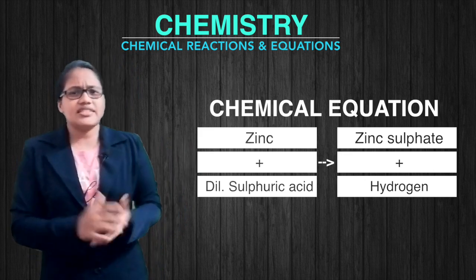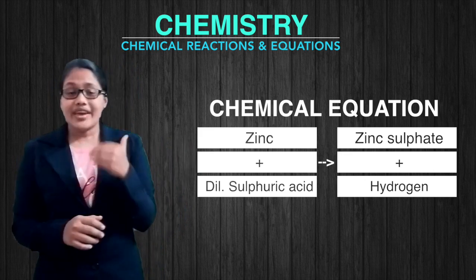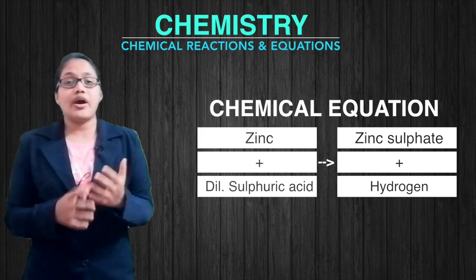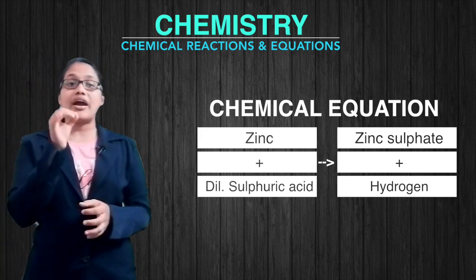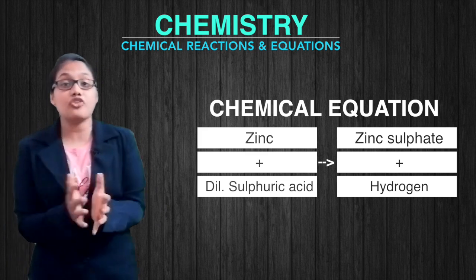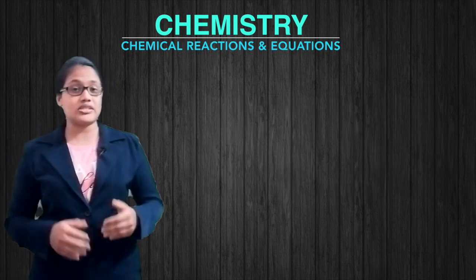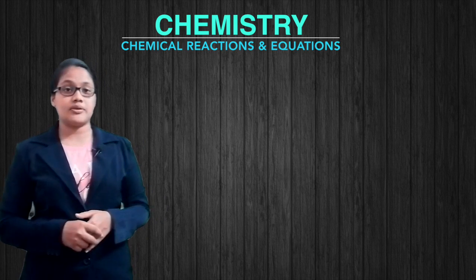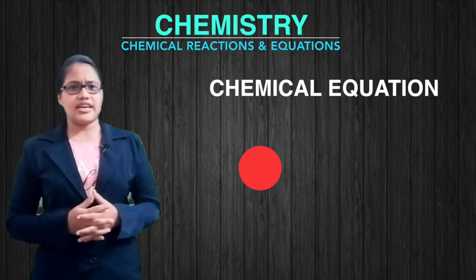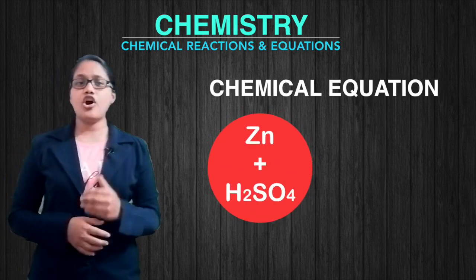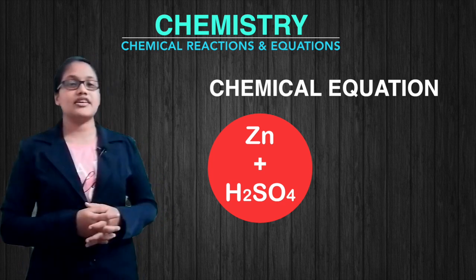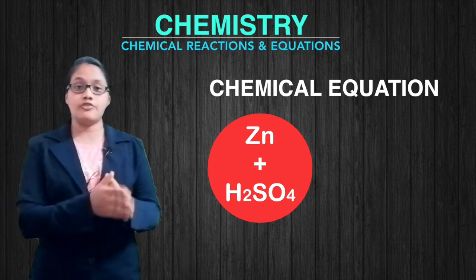But this is a word equation. We can change this into a chemical equation by writing the symbols and formulae of the various substances in the place of their names. The symbol of zinc is Zn. Formula of sulfuric acid is H2SO4.